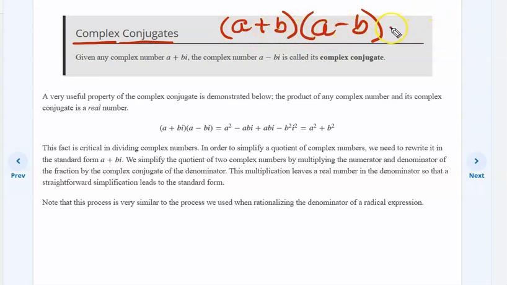We got, if you recall, the difference of squares. Now, if the b portion of this happens to be imaginary, this is going to be a very useful tool in simplifying complex numbers.